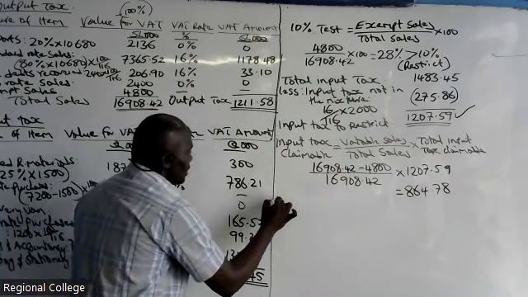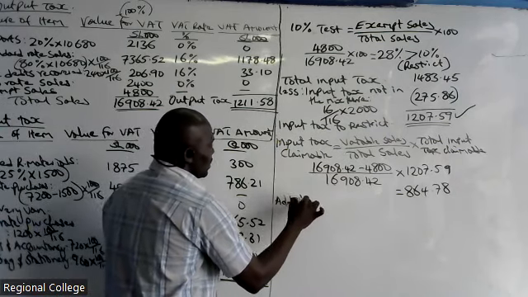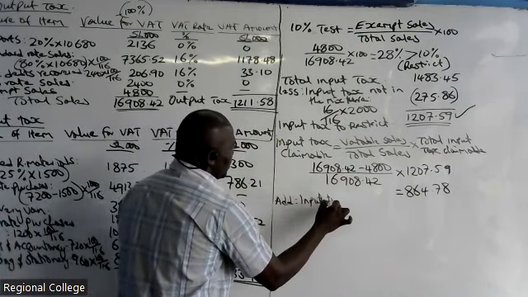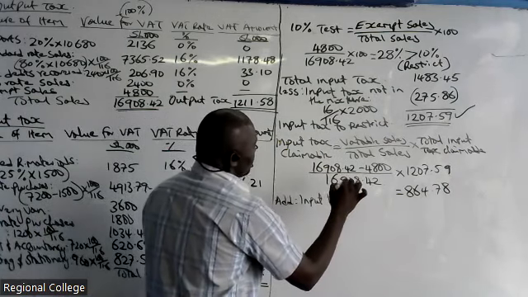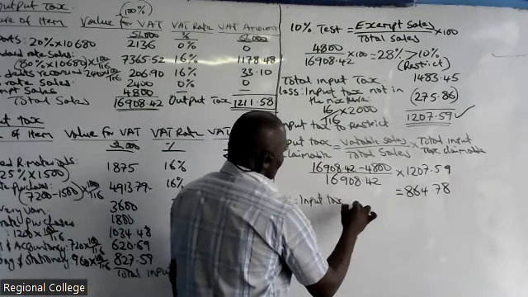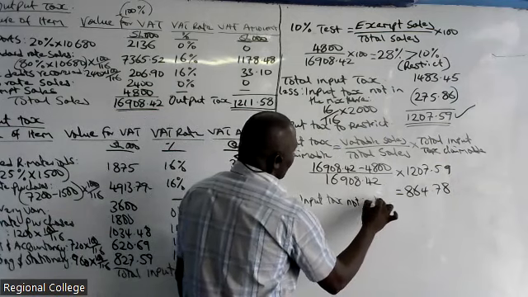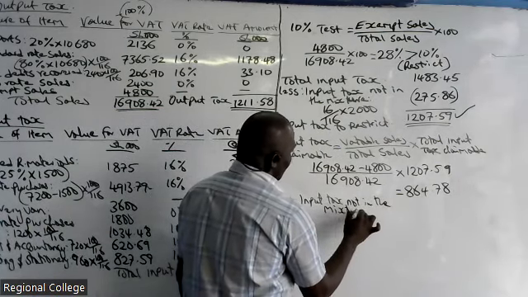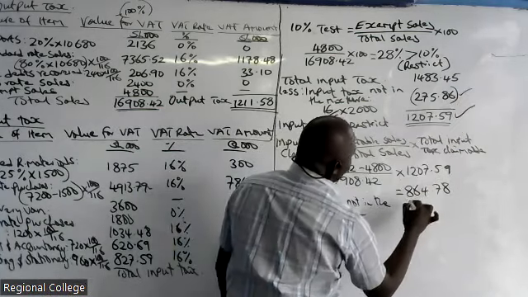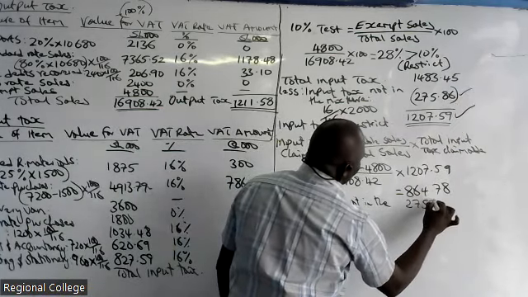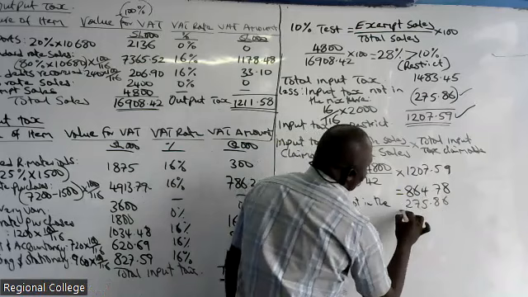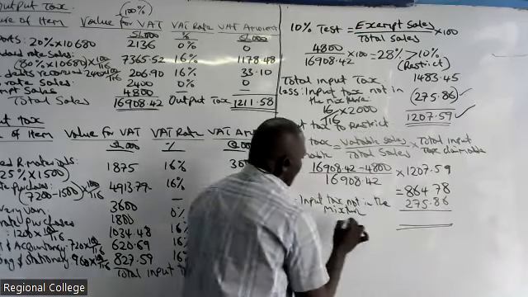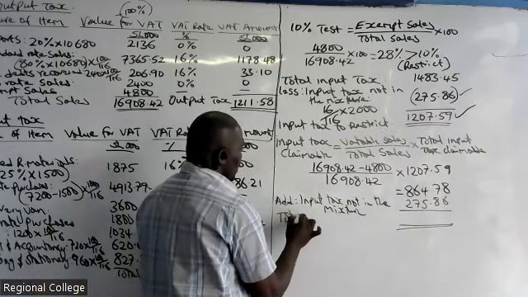Then we add ile ambayo hatuko restrict, input tax not restricted, so not in the mixture, which is of how much? 275.86, and that gives us total input tax claimable.